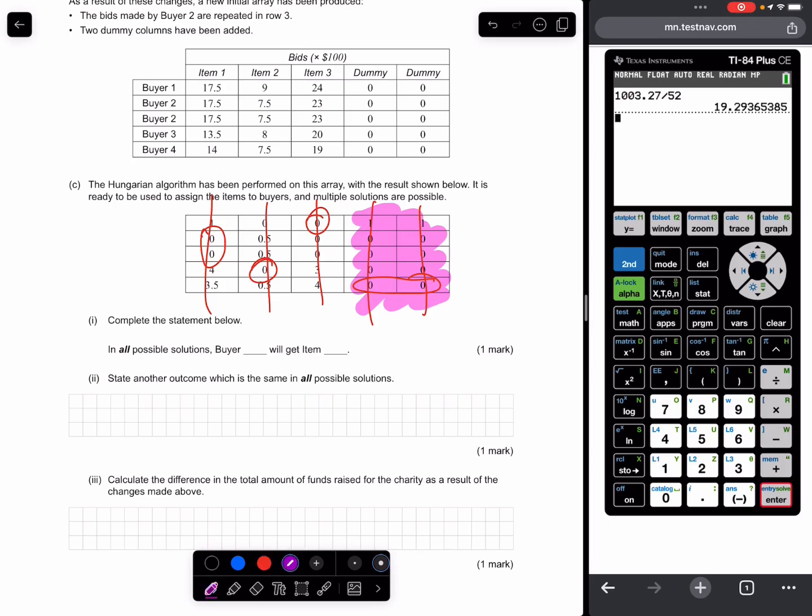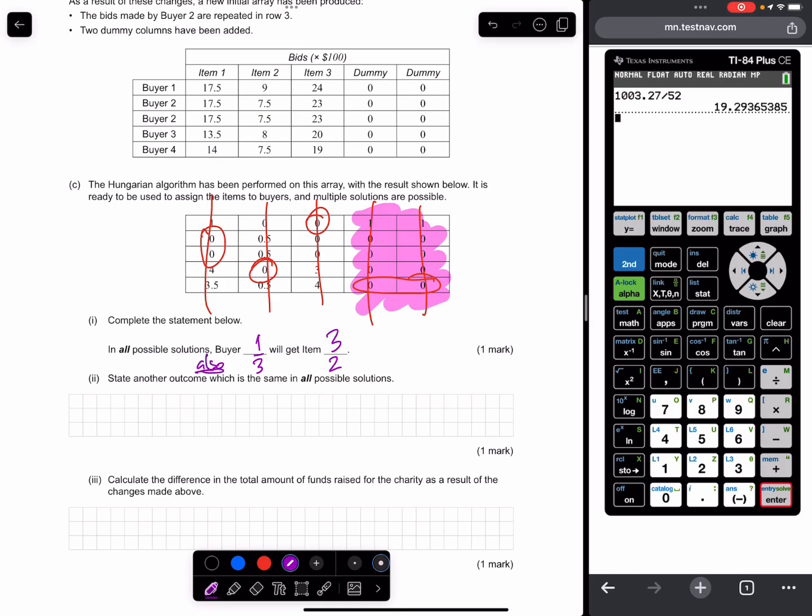State another outcome which is the same in all possible solutions. You could also say buyer 3 will get item 2.